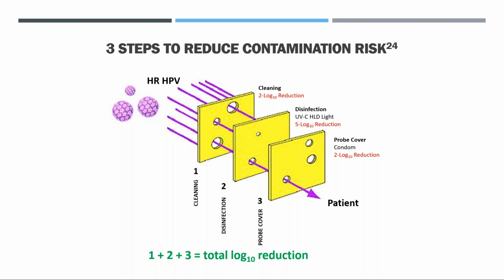And then by adding a probe cover before you use it on the next patient, you get a 2 log reduction of contamination of the probe. Again, not complete safety, but some reduction. So if you add all of those up, you end up with your total log reductions here, which, you can see, would be for this model a 9 log reduction, which is substantially higher than any possible contamination on a probe. And here we're talking specifically about HPV.